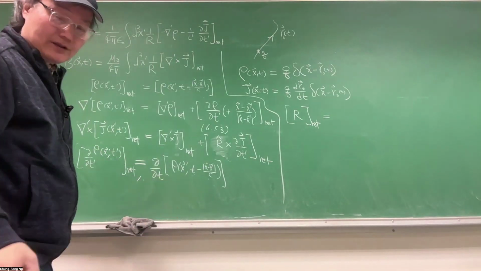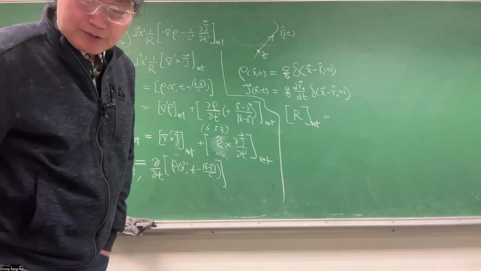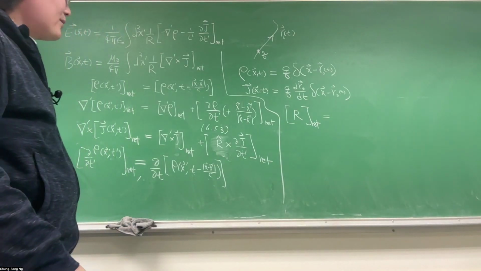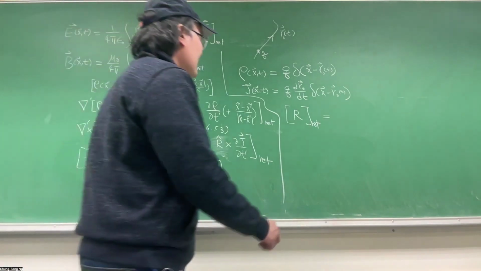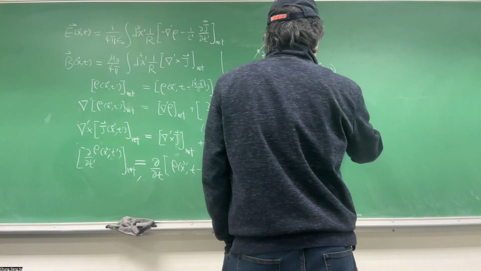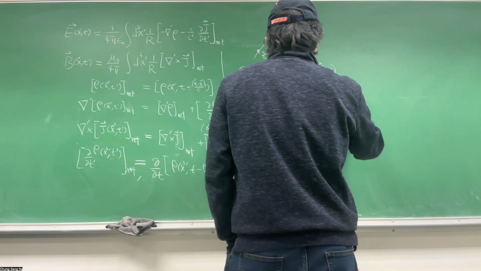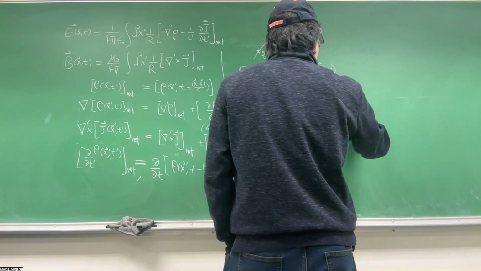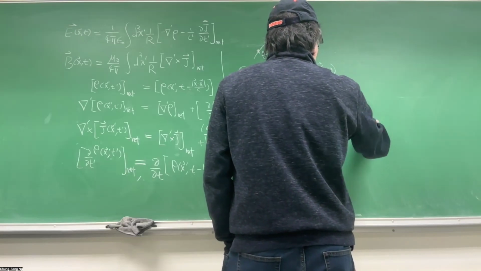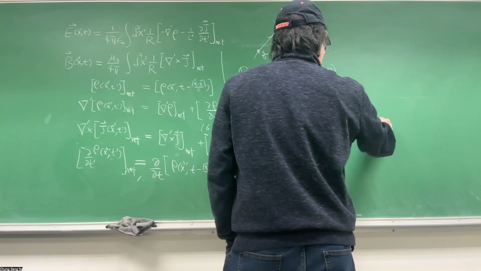But in these two equations, actually x prime is integrated out. There's no x prime, right? So what this means is actually changed. Originally, R is just x minus x prime, retarded.